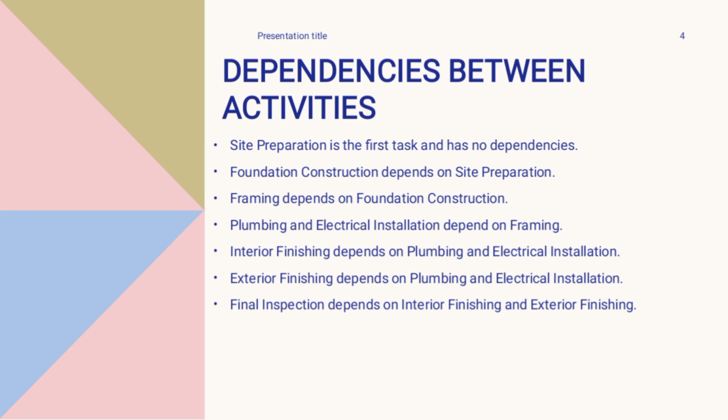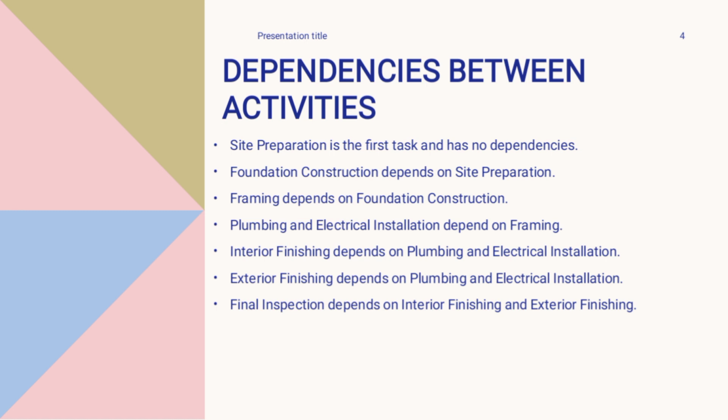So, when trying to come up with a network diagram so that you can determine a critical path, you need to determine the dependencies between the activities. For instance, site preparation is the first task and has no dependencies. Foundation construction depends on the site preparation. Framing depends on the foundation construction.